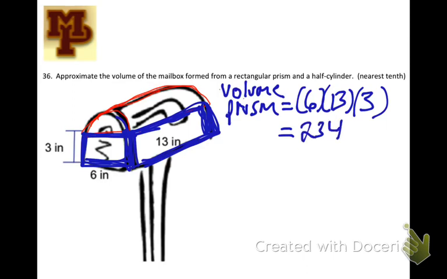Okay, then the red part, that is half a cylinder. So let's do the volume of half a cylinder. It would normally be pi r squared times the height, so it's going to be 1/2 of that.